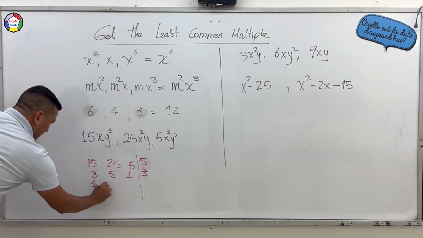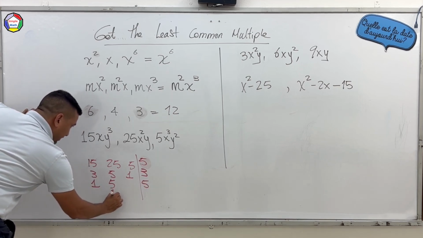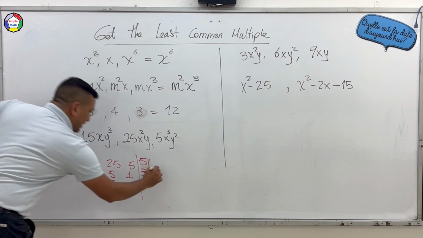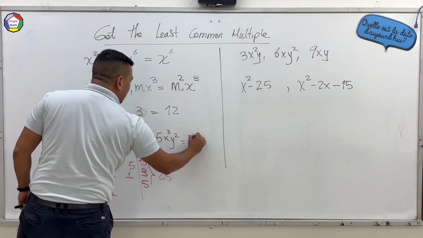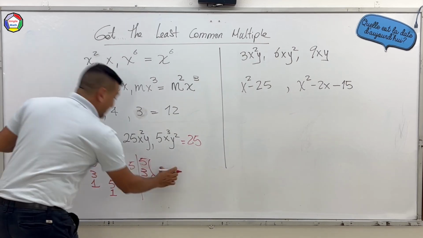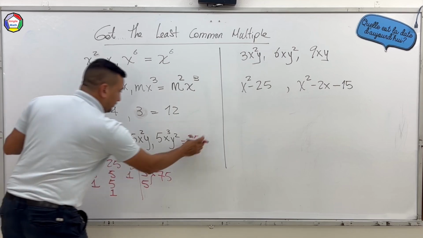3 divided by 3, 1. I'll bring down the 5. 5 divided by 5 is 1. So the least common multiple of the numbers is 75. We multiply 5 times 3 times 5.